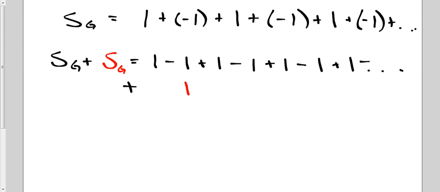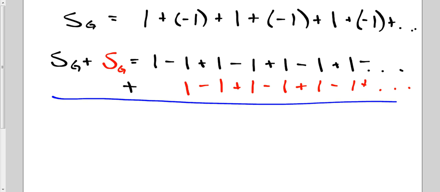I'm going to put that one right there. I'm going to subtract that one right there. I'm going to add this one right here, and minus 1, and plus 1, and minus 1, and plus ... Now, I'm going to add those two together vertically.